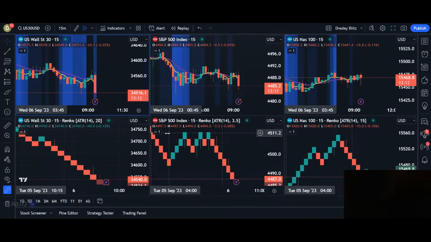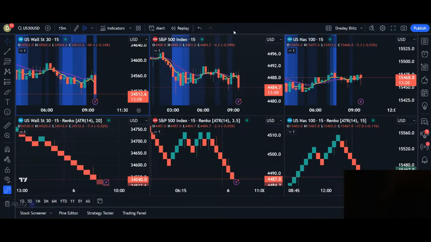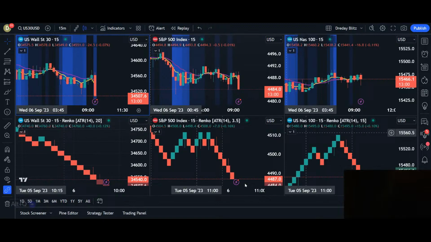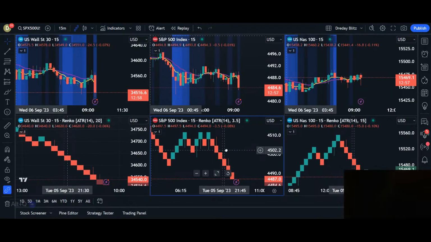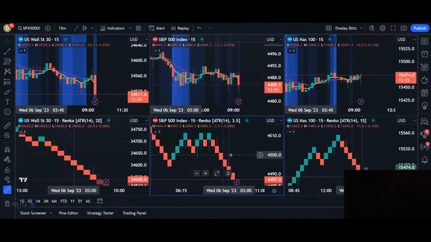Perfect. Now, as we can see, S&P 500 and US30 are pushing down, so it's going in the same direction as the Renko bars.